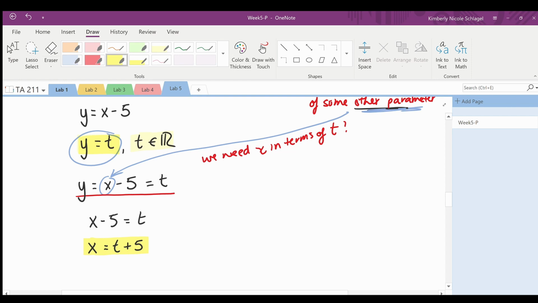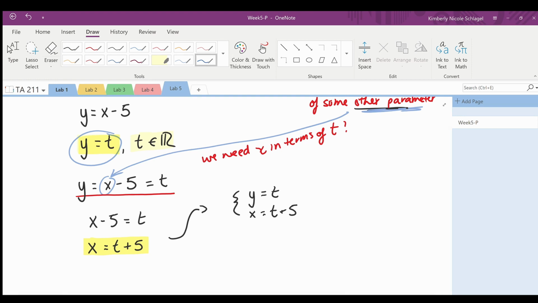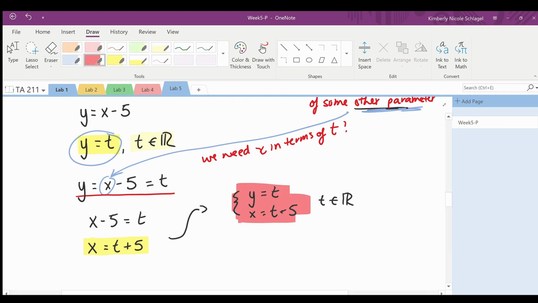So our solution is y equals t and x equals t plus 5, where t is an element of the real numbers. t is just some real number that we're putting x and y in terms of. This right here is our solution.